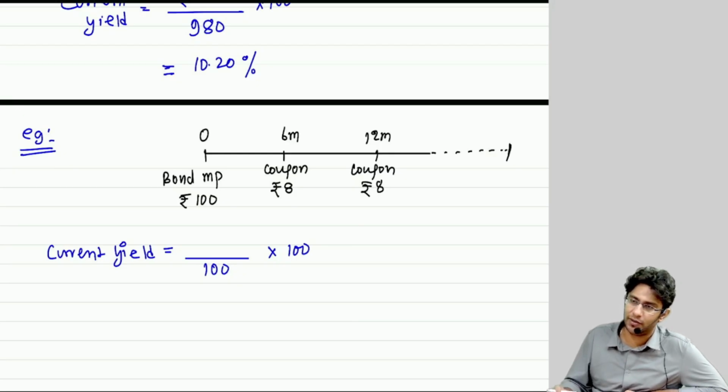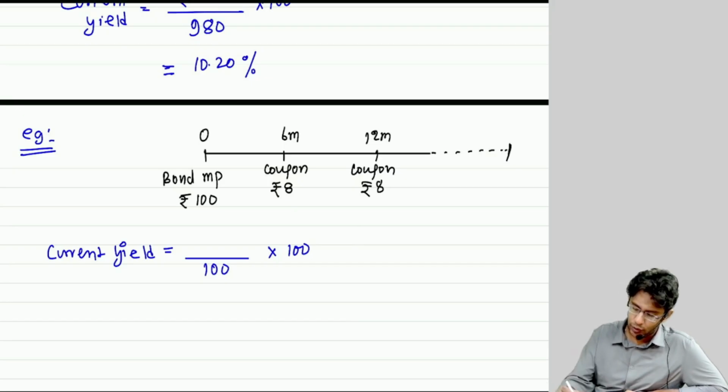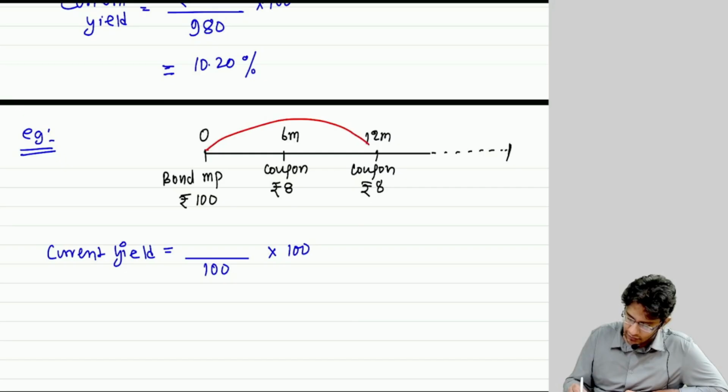There is no time value of money concept here. The next question is, this is a semi-annual bond apparently, so you will still have to consider the full 1 year. So numerator will be 8 plus 8.